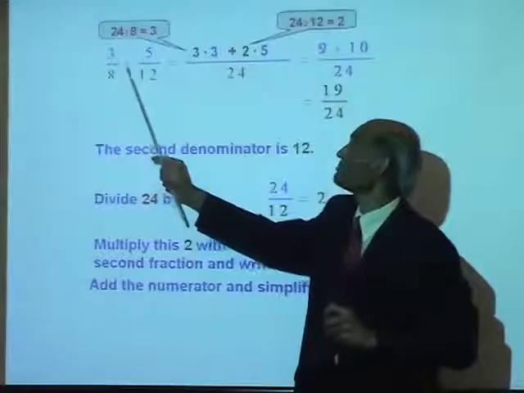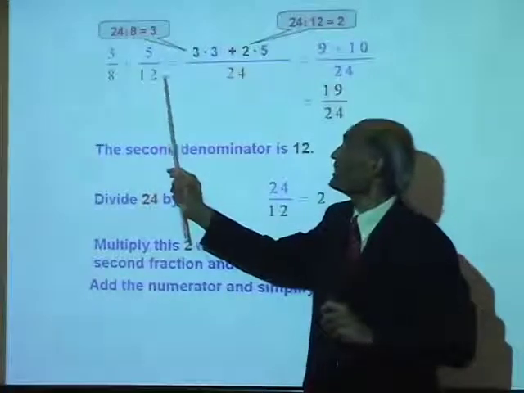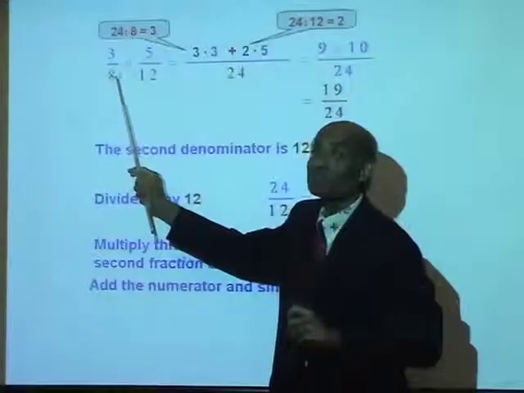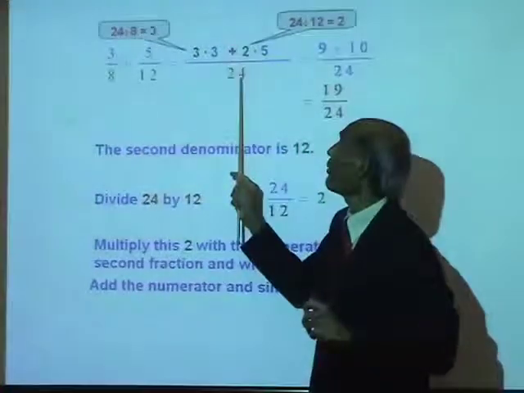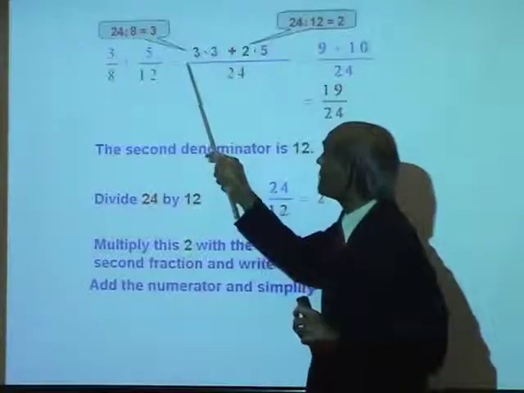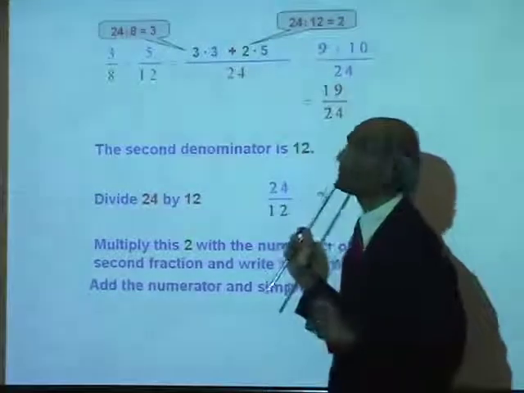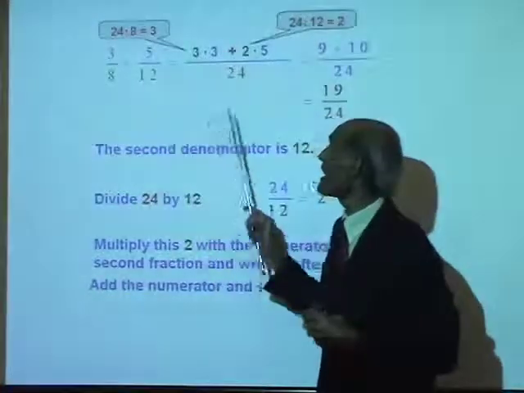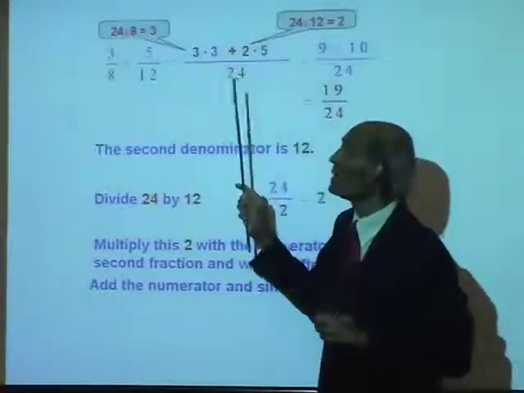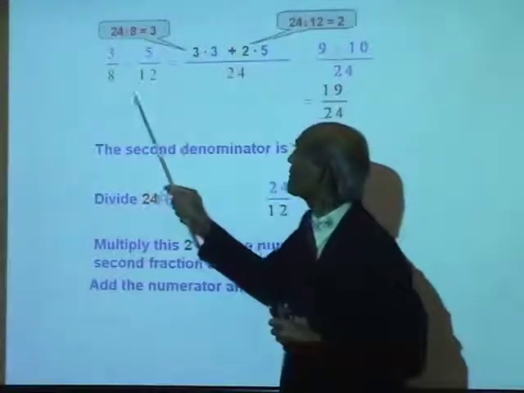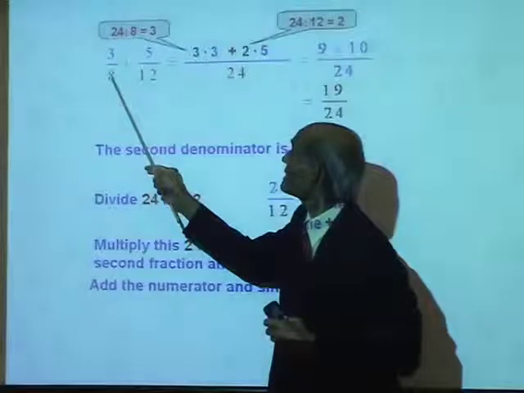3 over 8 plus 5 over 12. First find the LCD of 8 and 12, and you know that is 24. Write that as your denominator, and then put this big line. We need to now construct our numerator. See how the numerator is constructed? Watch the pointer I'm using. 24 divided by 8 is 3.